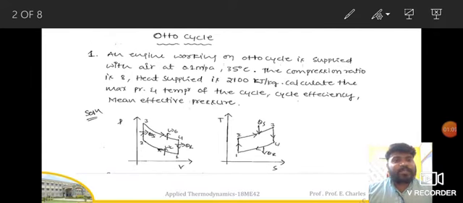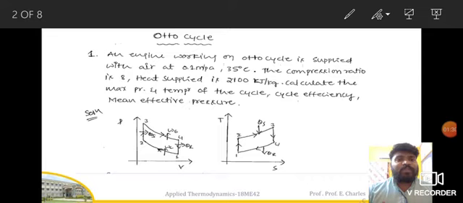So this can be taken as P1 is equal to 0.1 megapascals and T1 is equal to 35 degrees Celsius. The compression ratio is 8. We know what is compression ratio, right? So that is nothing but 8, and heat supplied is 2100 kilojoules per kg. Calculate the maximum pressure and temperature of the cycle, cycle efficiency, mean effective pressure.